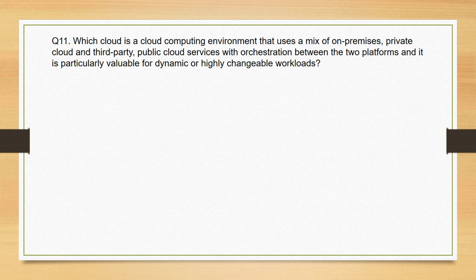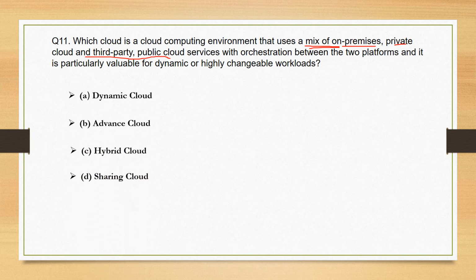So basically we need to find a mix of on-premises private cloud and third-party public cloud. So what are the options we have? We have dynamic, advanced, hybrid, sharing, combined. So basically hybrid cloud is an environment that uses a mix of on-premises private cloud and third-party public cloud. So this is the correct answer. Let's move to the next question.